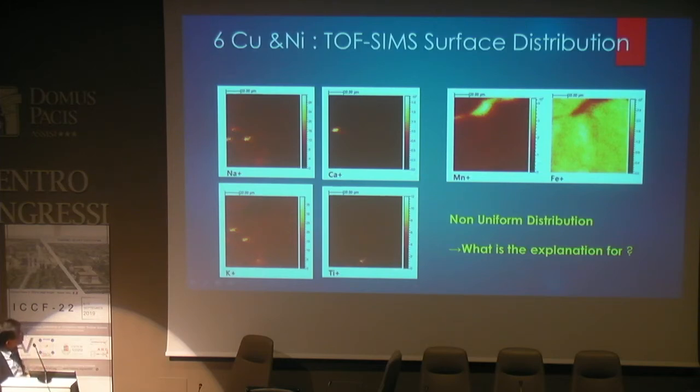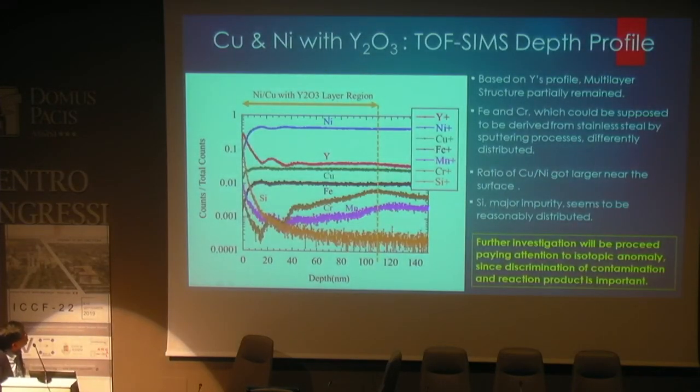Okay, I will show you other information about the depth profile by TOF-SIMS. It is the case of Y2O3. In the depth profile, this is the surface of the sample, and about here is the nickel region. We can see nickel, yttrium, copper, iron, palladium, manganese and silicon.